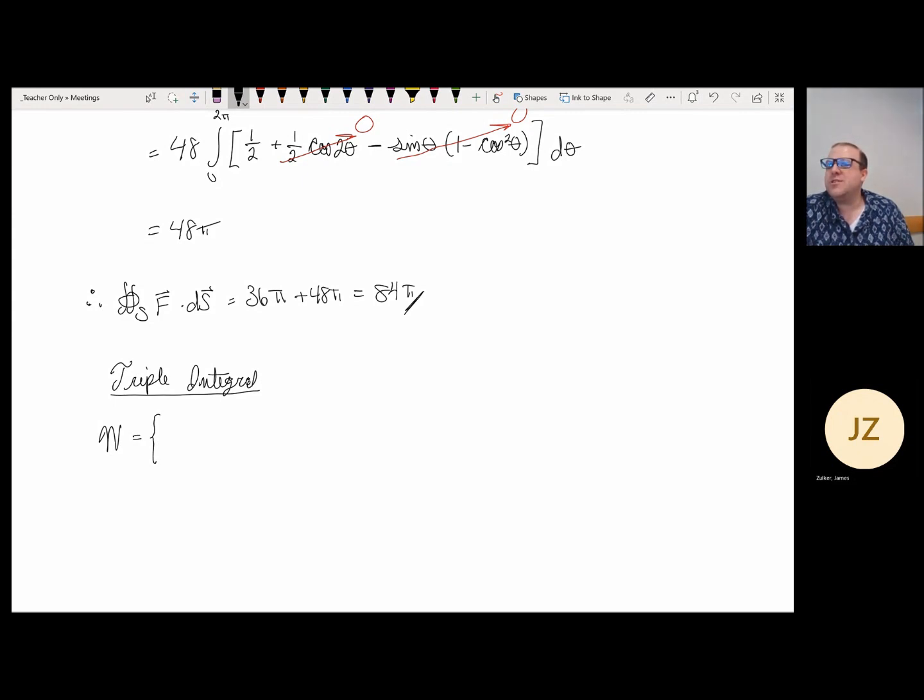So why not use cylindrical coordinates? The set of points are r, theta, z, so that r goes from 0 to 2, theta goes 0 to 2 pi, z goes 0 to 3.